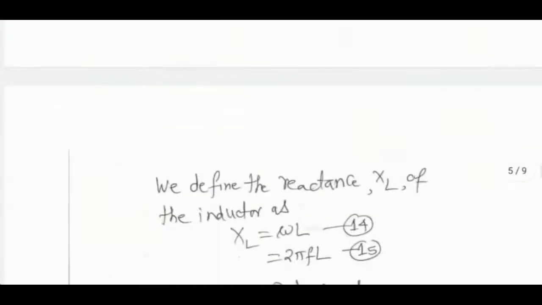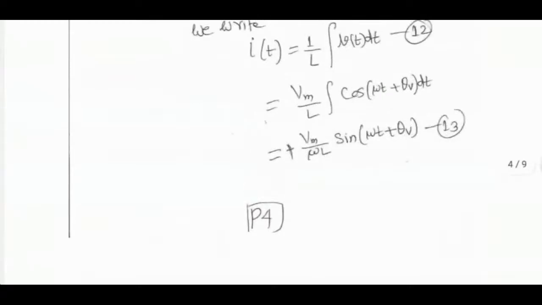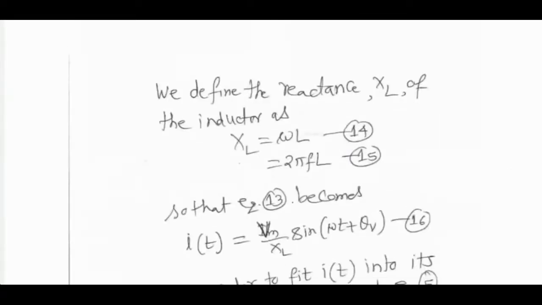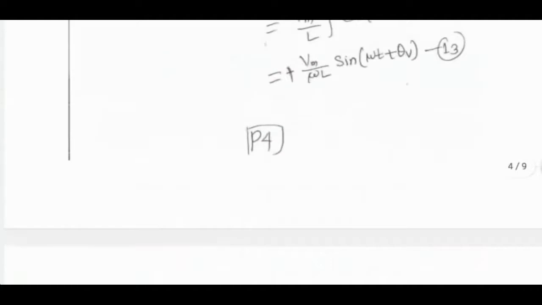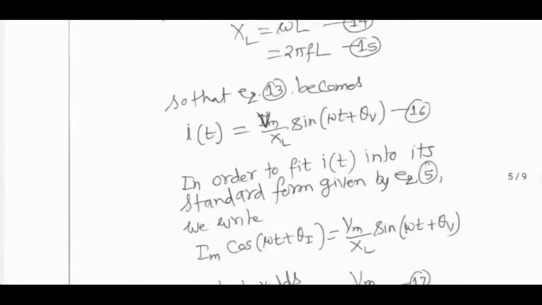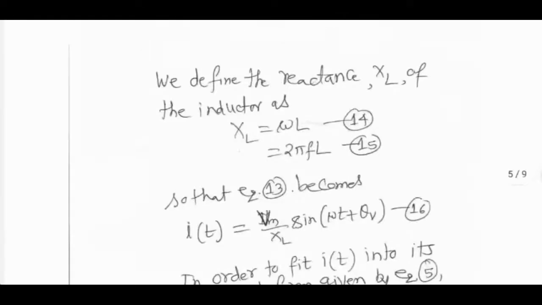Before we do that, we defined a parameter called reactance of the inductance, given the symbol XL. It was defined as omega L, which works out to 2 pi FL. So using that, the formula for current became Vm divided by XL sine of omega t plus theta v.